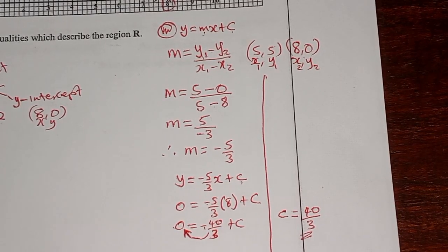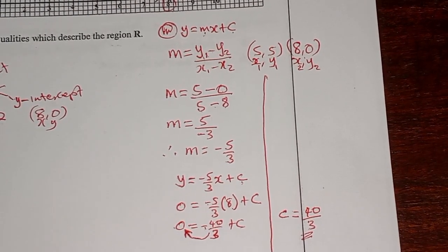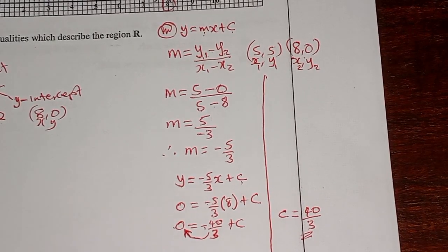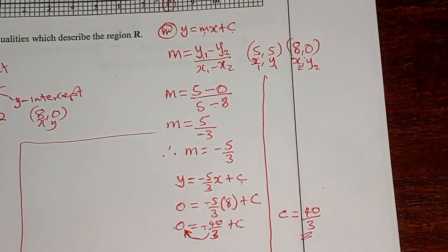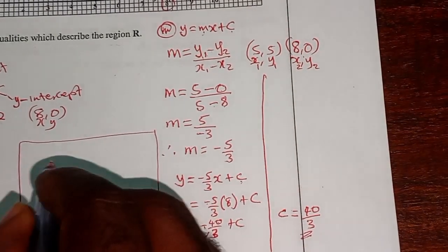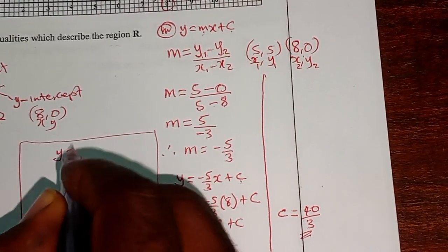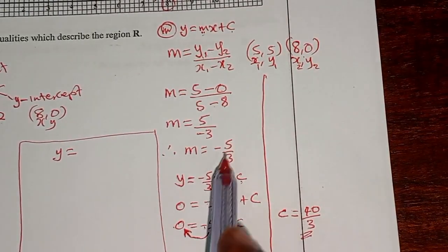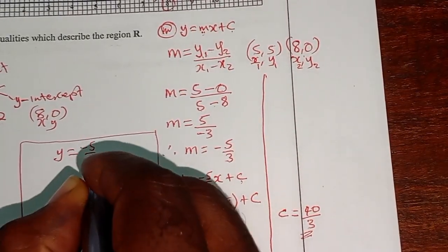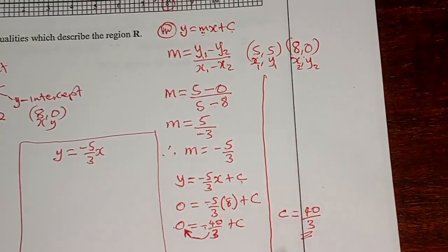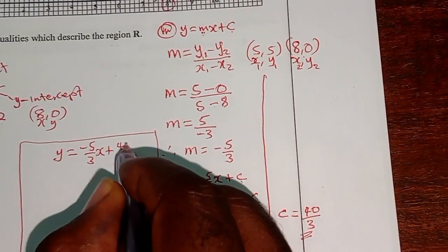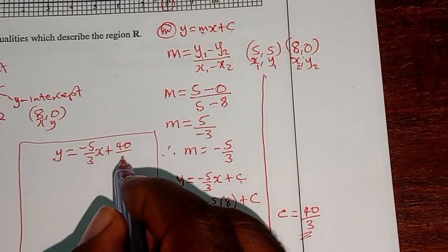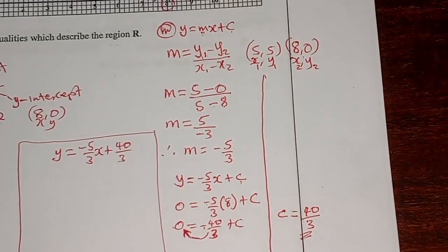So now the equation of line 3 becomes y equals, where there is m, I'll substitute negative 5 over 3x plus, where there is c, I'll substitute 40 over 3.